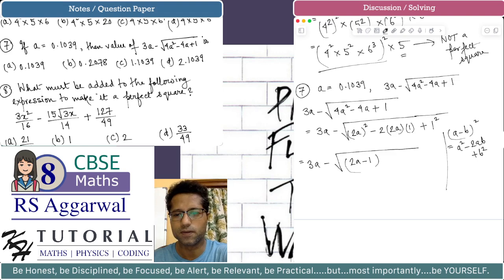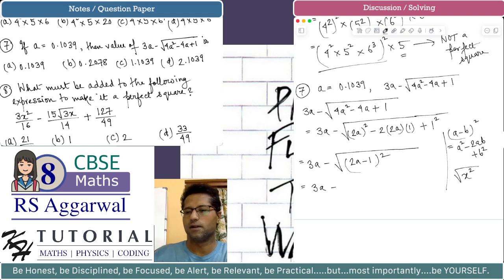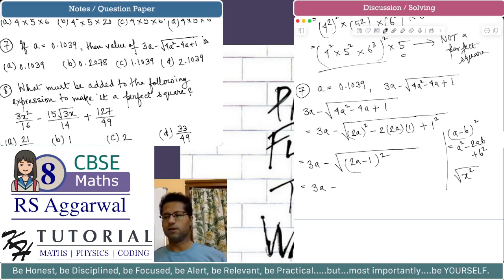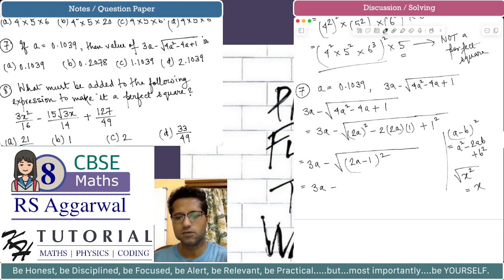So this is equal to 3a minus the square root of a square term. We know that the square root of x square, where x is a positive number, is equal to x. So we have this equal to 2a minus 1. So this is equal to 3a minus 2a plus 1.